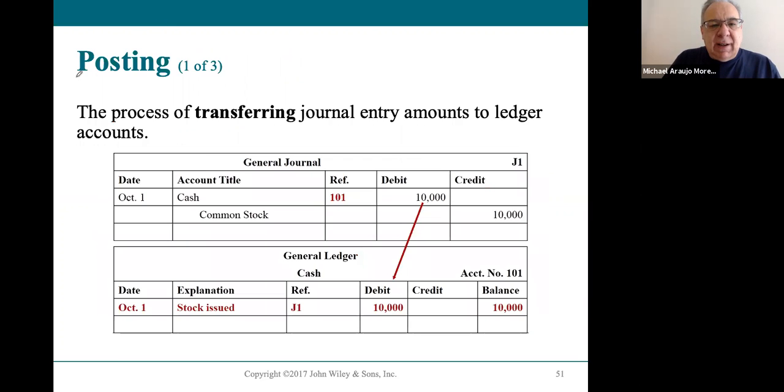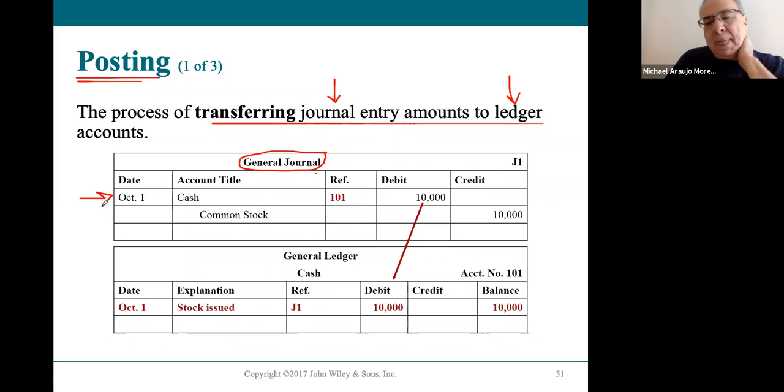So this idea of what we're learning here is transferring the entry from the journal, the starting point where we're putting stuff in, to the ledger, right? And the ledger is organized by account. And so if you look at here, the journal for our very first transaction for Sierra Corporation, we debited cash $10,000 and we credited common stock $10,000.